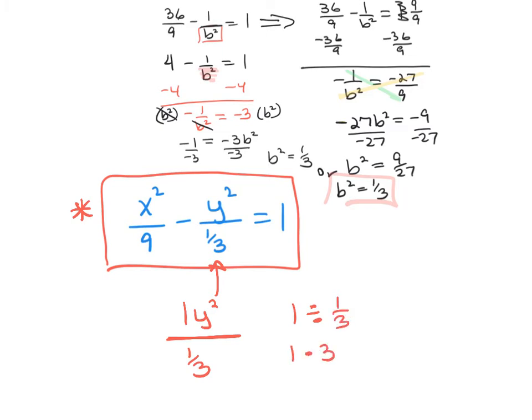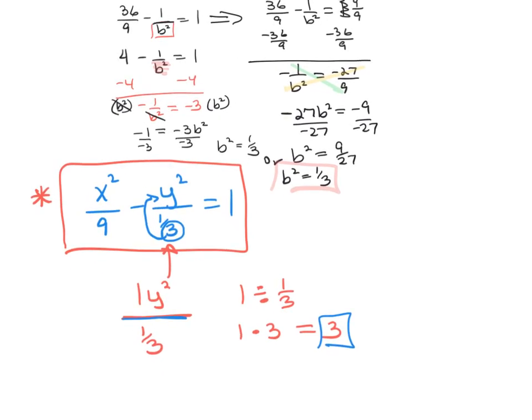I keep, flip, change and it becomes a 3. Essentially, all you need to know is if you have a fraction in a fraction, just take this denominator and move it to the numerator. But I showed you why we would move it to the numerator, because we're dividing it and we get 3 as the answer. So another format of this would be x squared over 9 minus 3y squared.